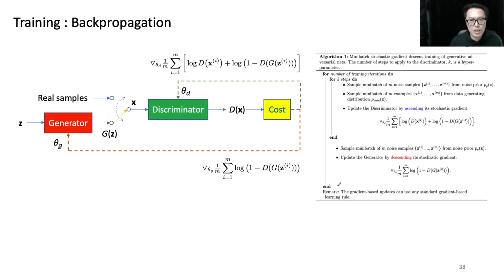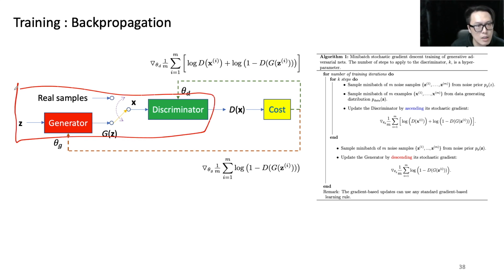Okay, to put it in a diagram, we have this GAN structure. Here, this is the GAN structure in the training. Here we are going to prepare the samples X and Z and then compute the expectation using this formula, using this cost.